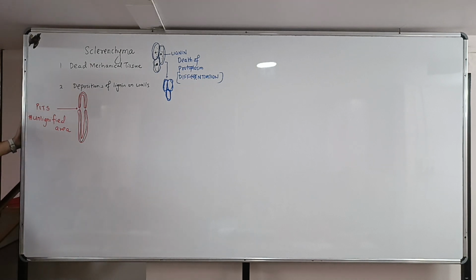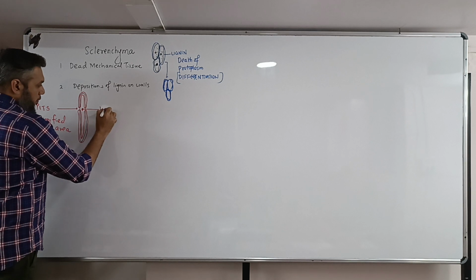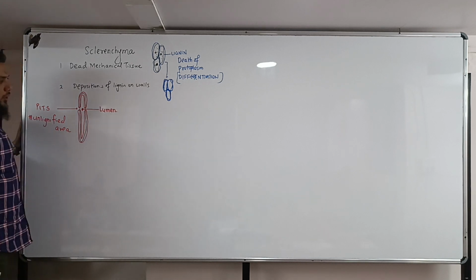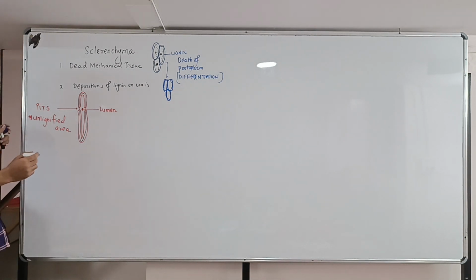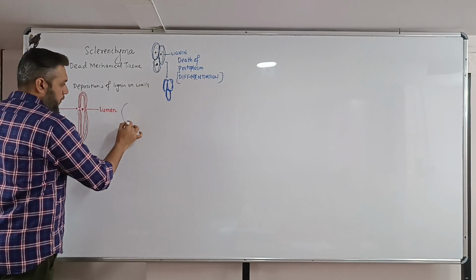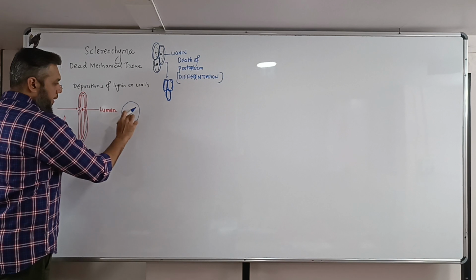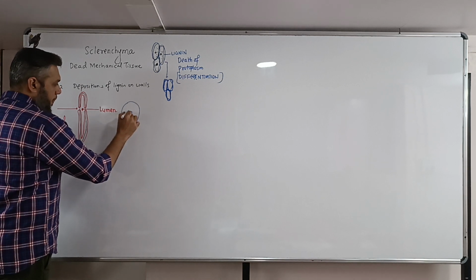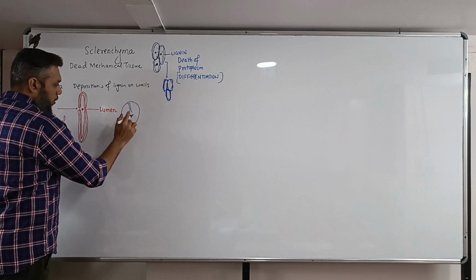Okay? And then the space inside will be called a lumen. That is the space called lumen. The other type would be where the sclerenchyma cells are highly lignified and they show the presence of a very narrow lumen.